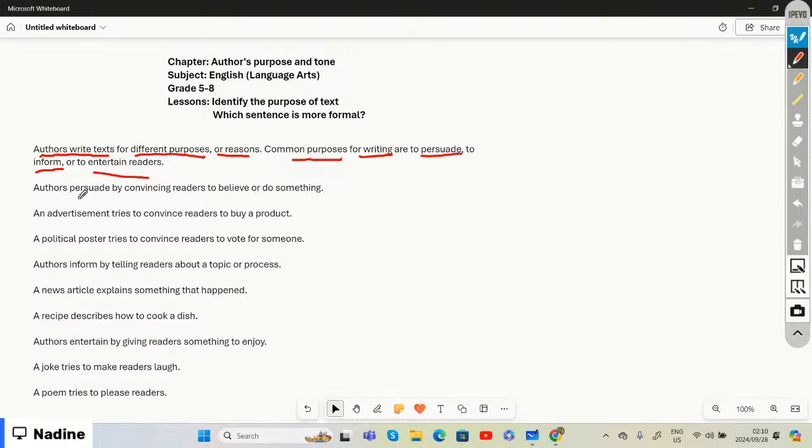We said that they write to persuade, they write to inform, and they write to entertain. That is why you have different genres of books also, because they serve the common purposes.